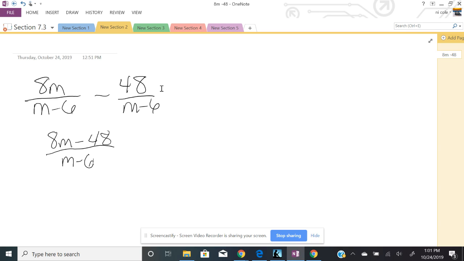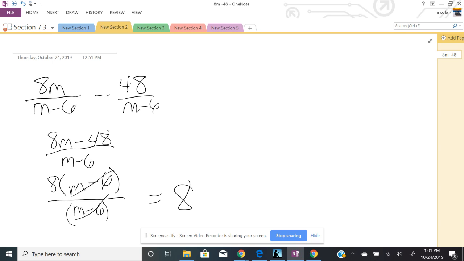We always have to check for factoring. 8m and 48 have what we call the GCF, the greatest common factor, which is 8. We're going to pull that out, leaving you m minus 6 over m minus 6. Okay, put those in parentheses, cancel, cancel. So your final answer should be 8.